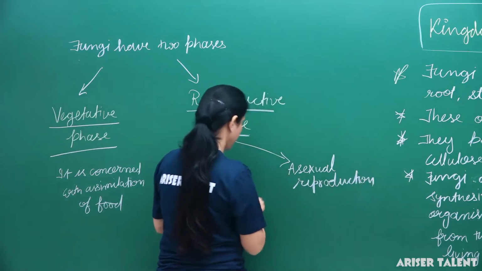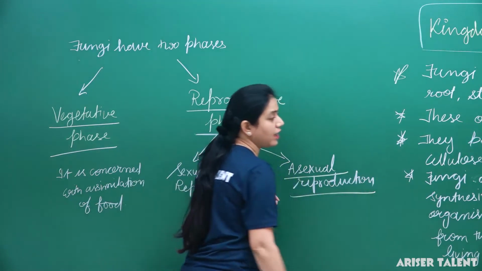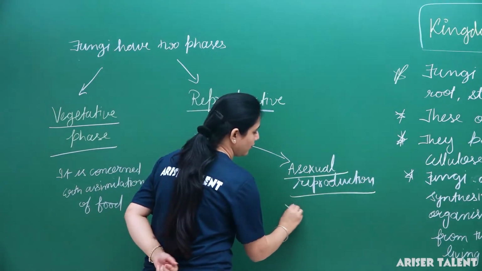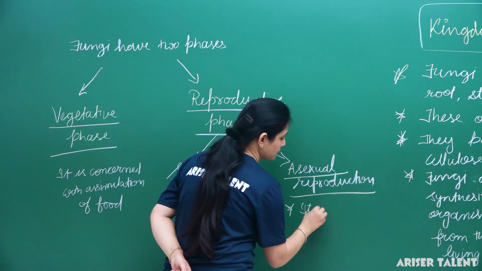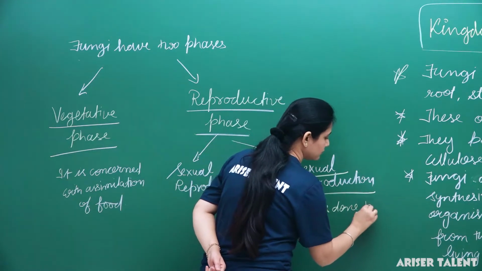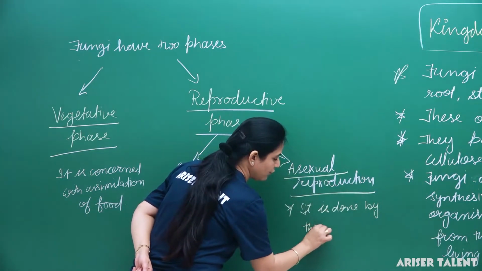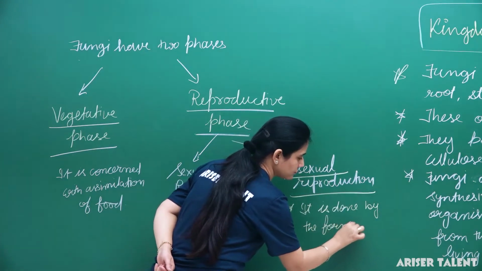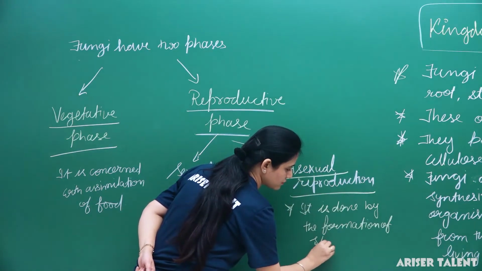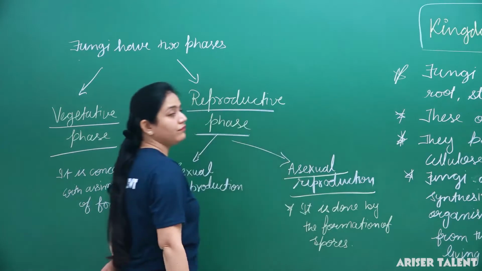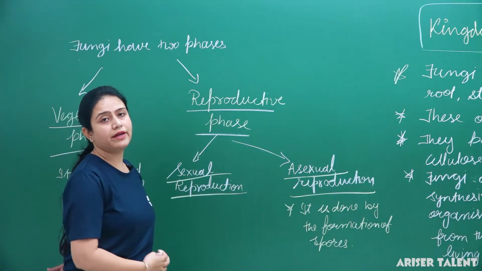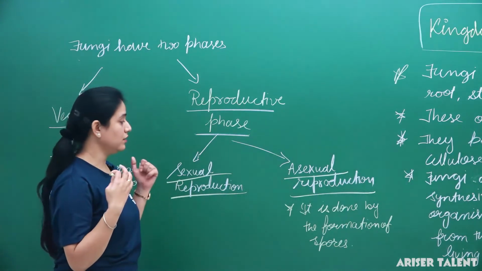So if we talk about the asexual reproduction first, then it is concerned with the formation of spores.